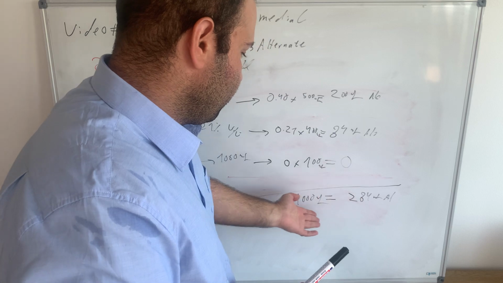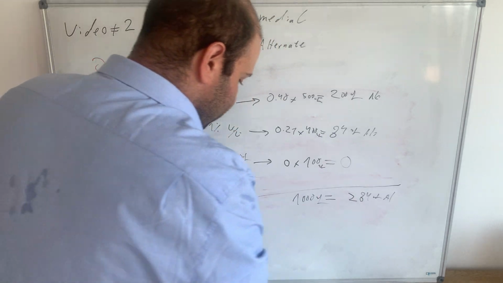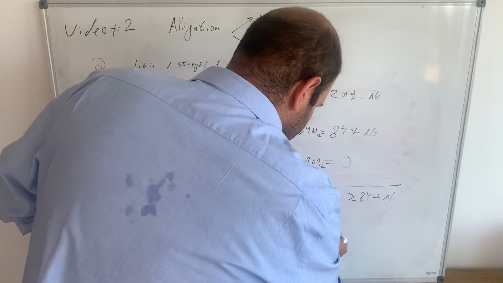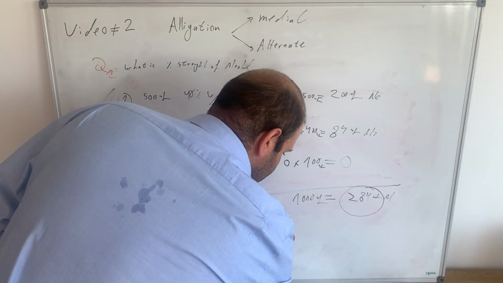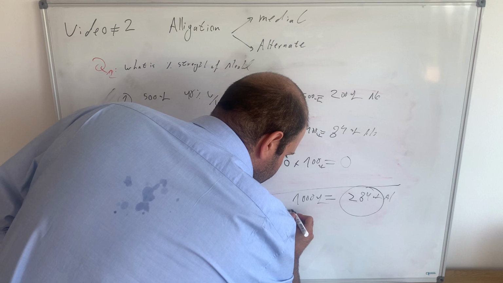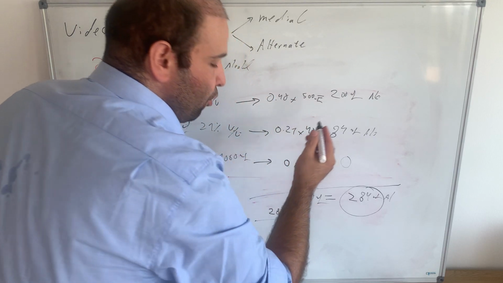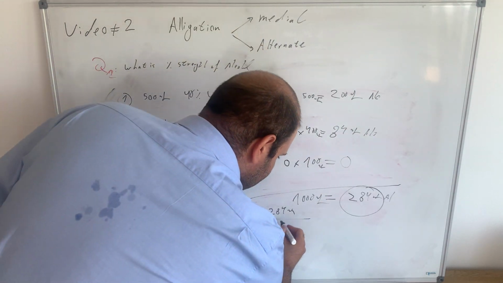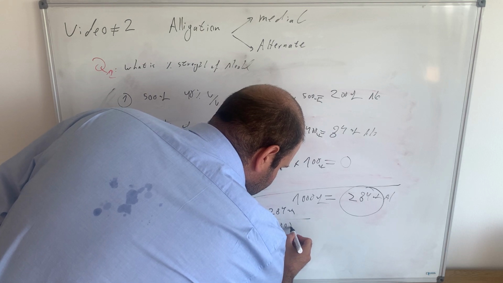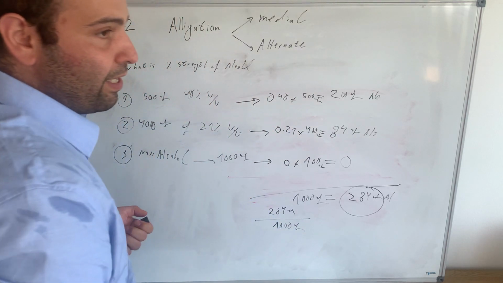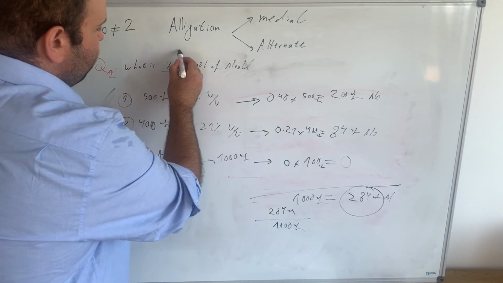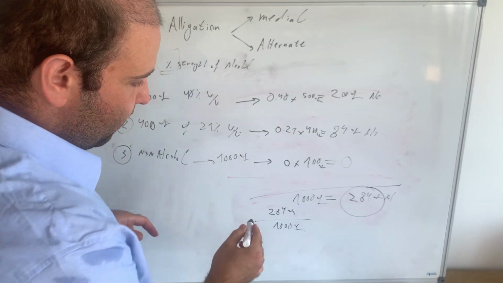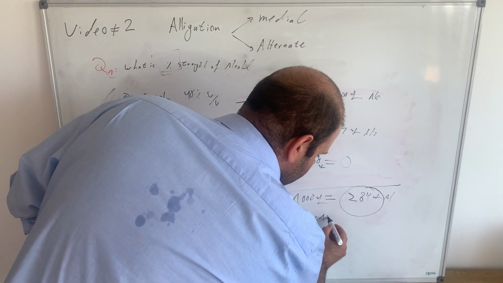Again, to calculate the percentage, what you have to do, 284 divided by 1000. So 1000 milliliter, 1 liter solution, contains 284 milliliter ethanol or propanol or whatever. The answer should be in percent strength, so we have to multiply it by 100 at the end.